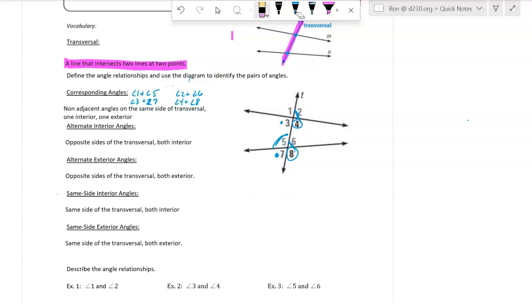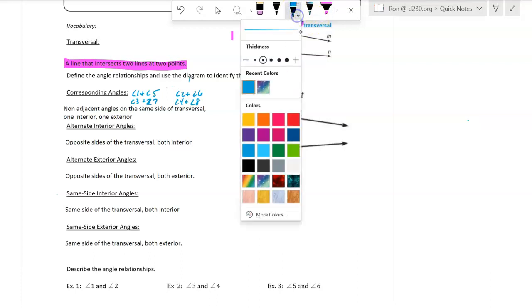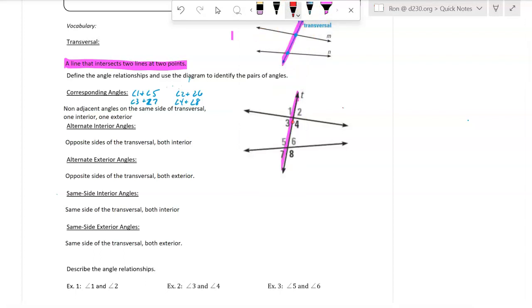Next one. Now that we have that, we're going to highlight the transversal again, and move on to alternate interior angles. These are angles that are on opposite sides of the transversal, and they're both interior. If I look at angle 3, what angle is on the opposite side of the transversal and interior?